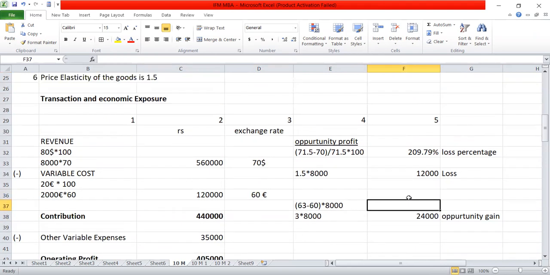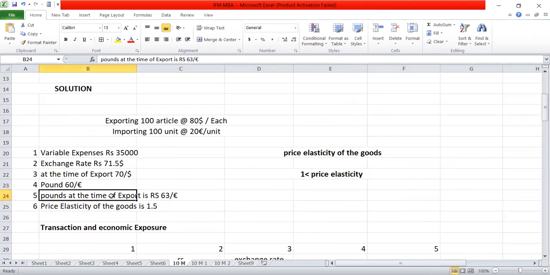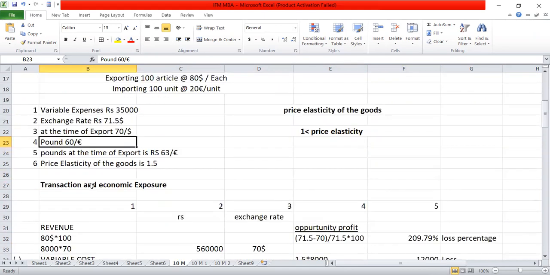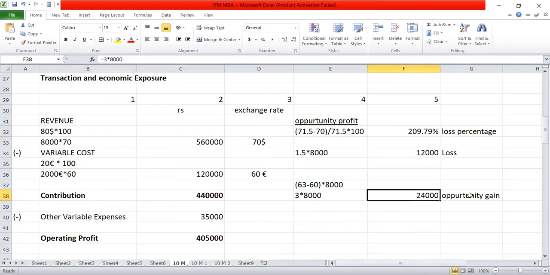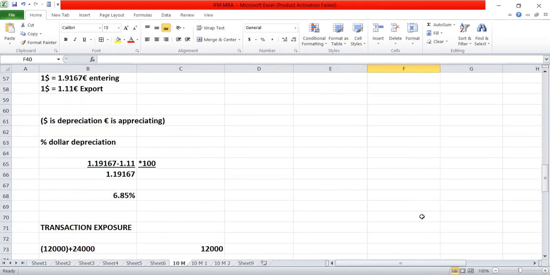Now the very important thing in this case, at the time of export, it became 63, but we had already entered into the contract for 60 rupees. So we have gained this money because the contract is already signed. So that's why 24,000 is opportunity gain. Now 12,000 is loss and 24,000 is opportunity gain. So we have to substitute this.